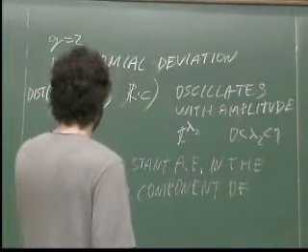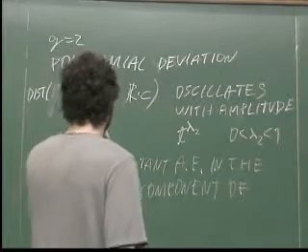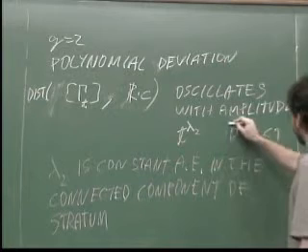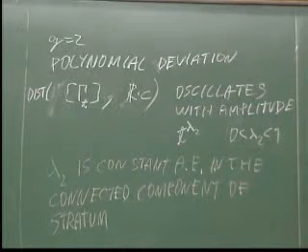So the interesting thing mostly is that the deviation exponent is strictly between 0 and 1.